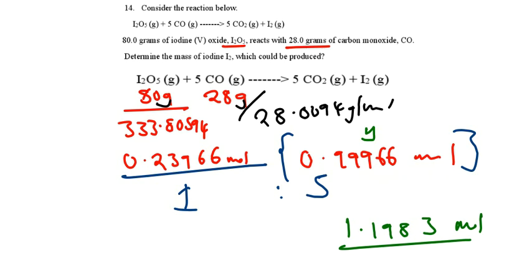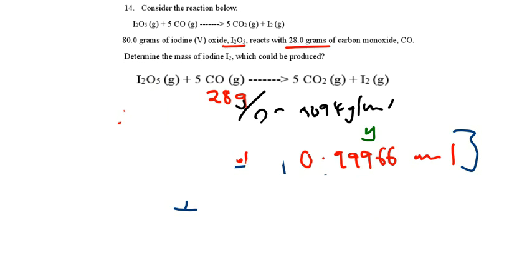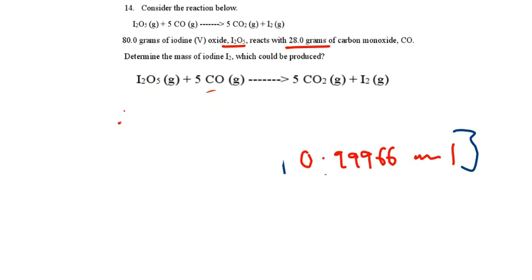So carbon monoxide in this case was limiting. In such a case, we ignore all other calculations and use the number of moles of carbon monoxide, since it was less than the amount required. Now if you compare it to the iodine, they're in the ratio of 5 to 1.